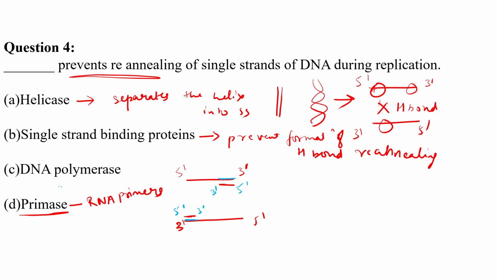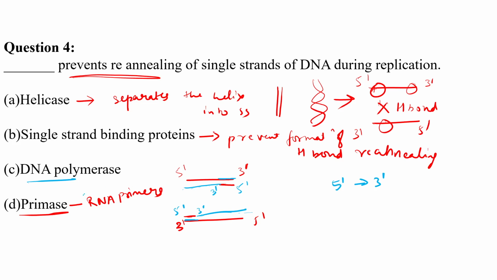Because the next player that is coming into action is DNA polymerase. What is DNA polymerase doing? DNA polymerase is going to extend these primers and synthesize the new DNA, and this synthesis can only occur in the 5' to 3' direction.